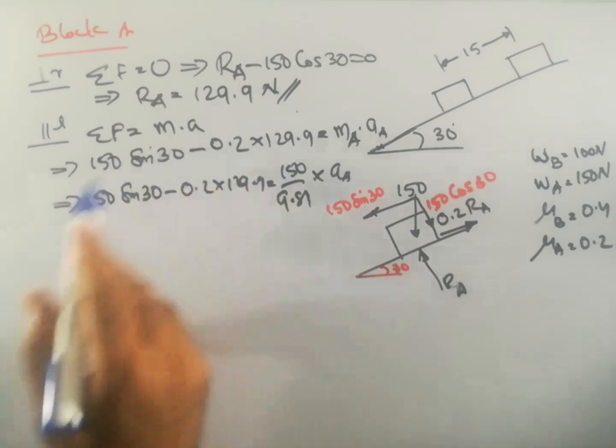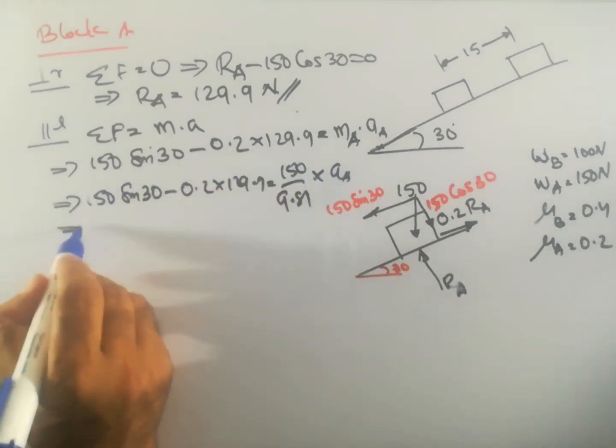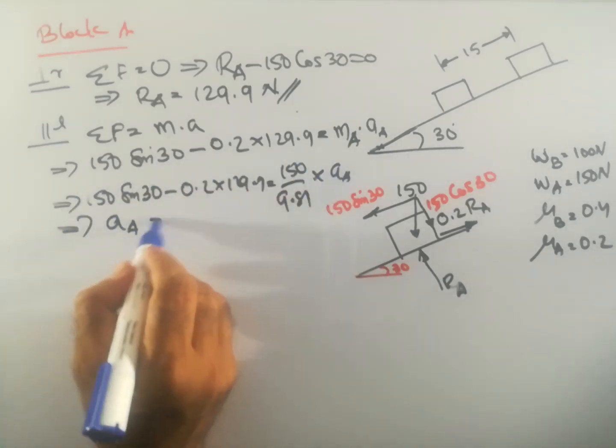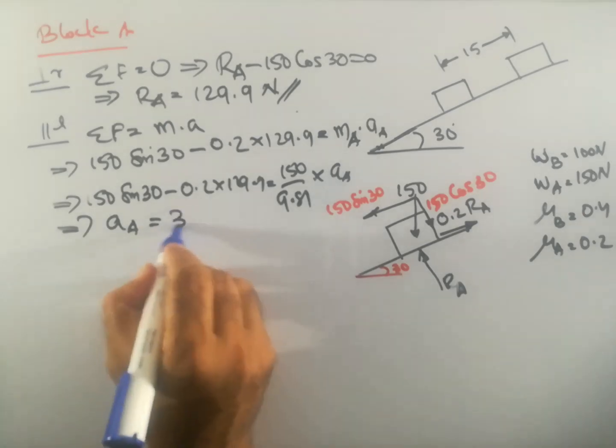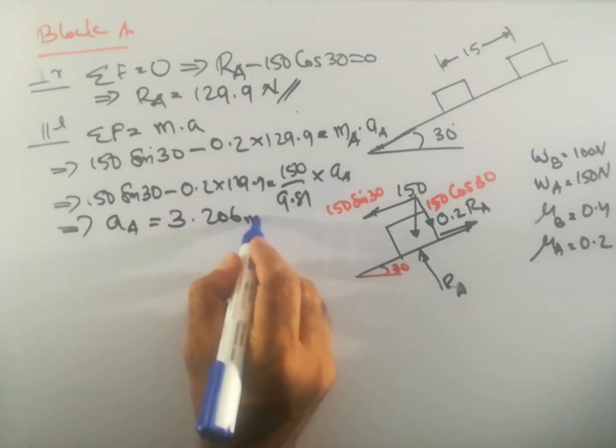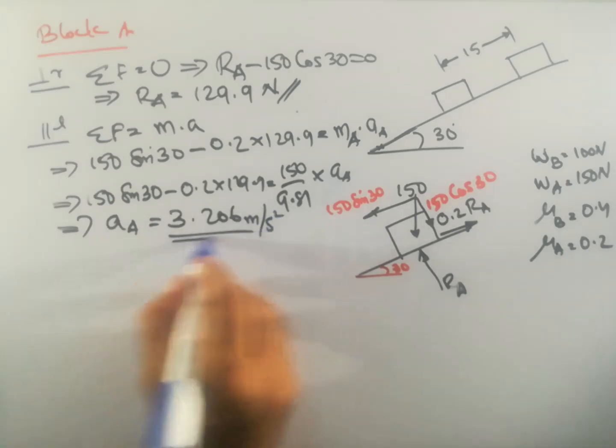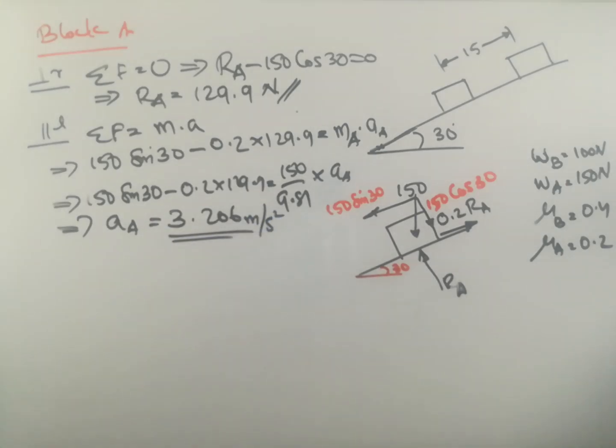So from here we will directly get aa, the acceleration of A, equal to 3.206 meter per second square. That is the acceleration of block A.